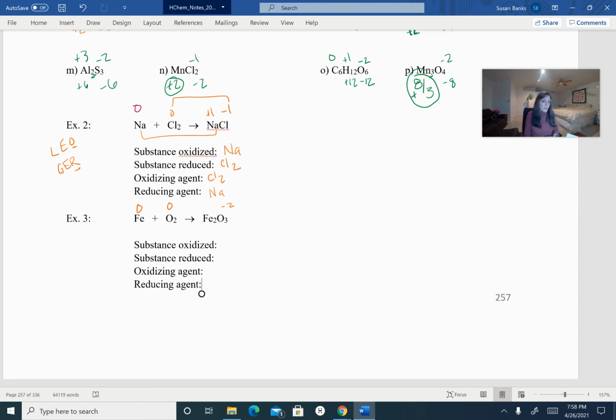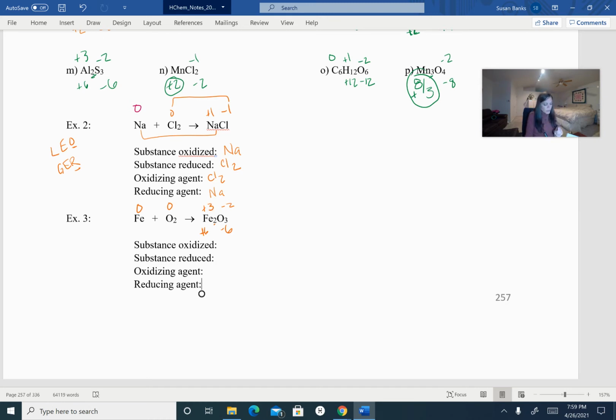Oxygen is our more electronegative element here, so we're going to assign it a negative 2. And I've got 3 of them, so that gives me a negative 6. Remember, we did this when we did ionic compounds. So that means the iron altogether has to be a positive 6. I've got 2 of them, so 6 divided by 2 is a positive 3.